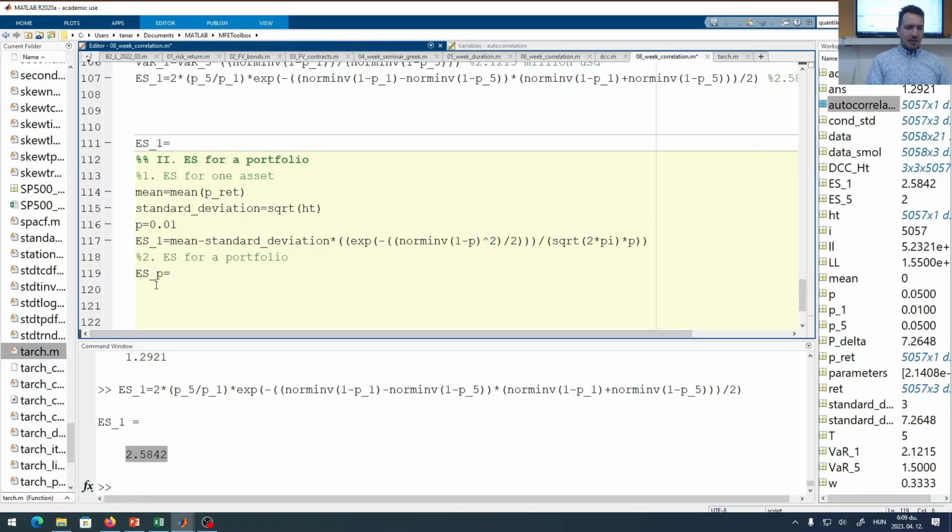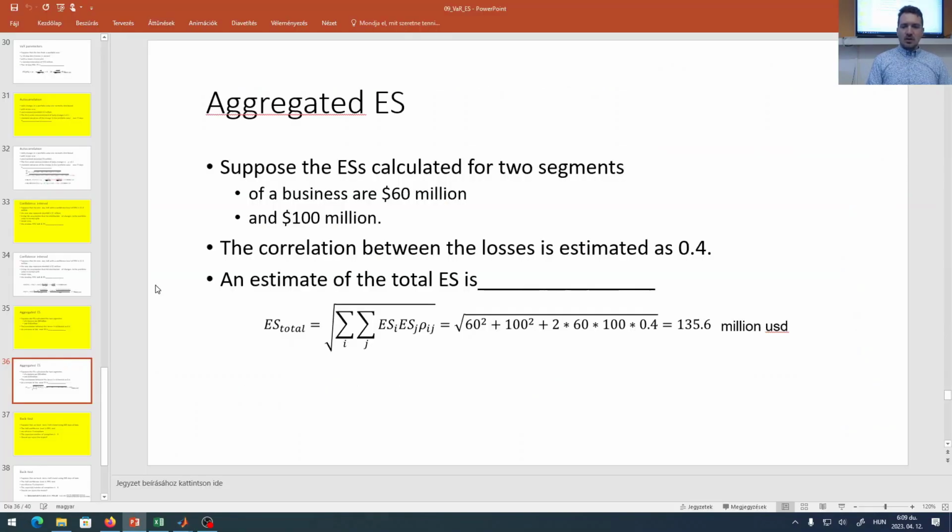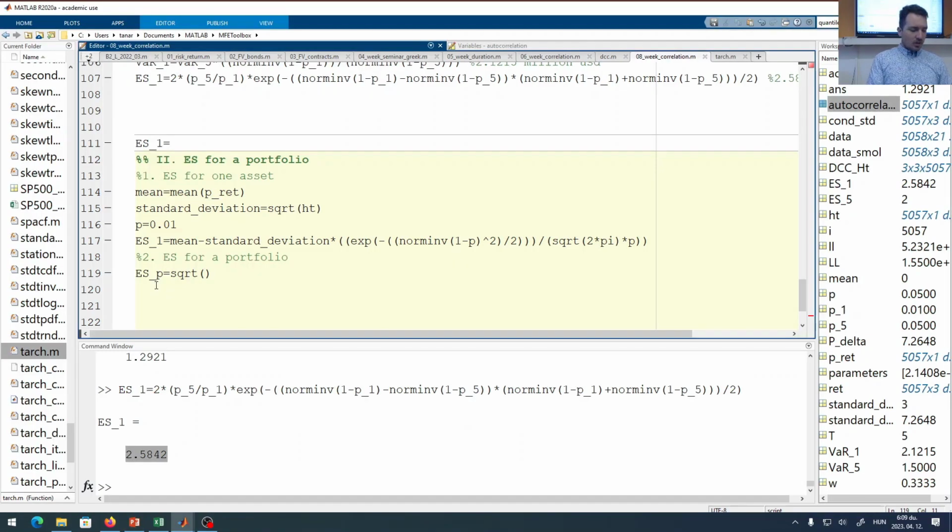ES of the portfolio equals square root of ES A squared plus, let's put it in the brackets because it helps.